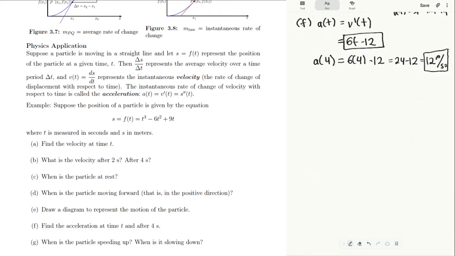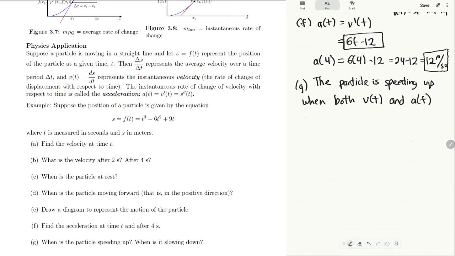Now, when is the particle speeding up and when is the particle slowing down? Well, the particle is speeding up when both velocity and acceleration functions are the same sign.